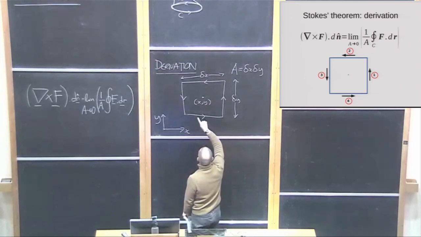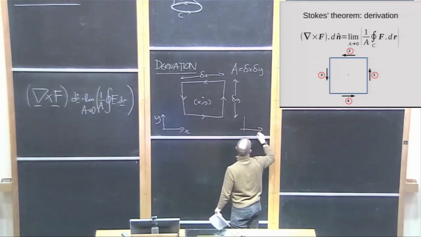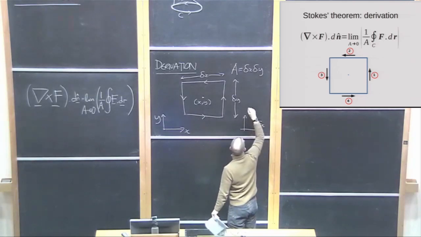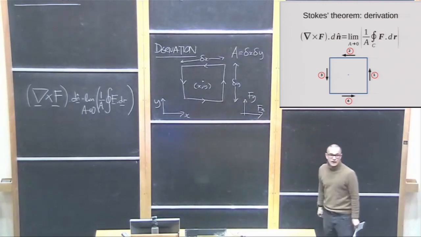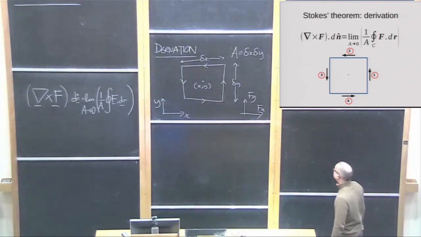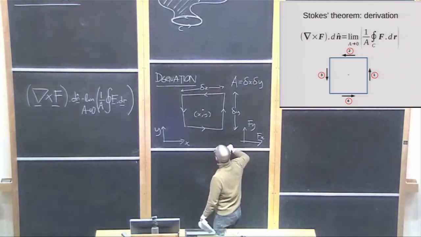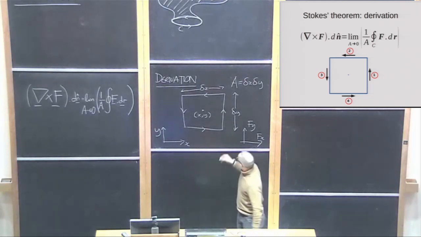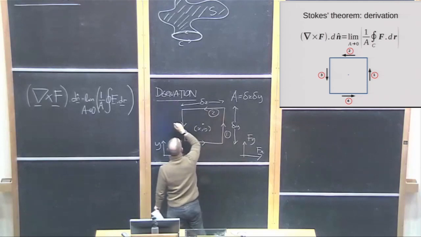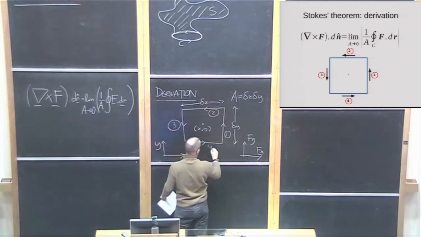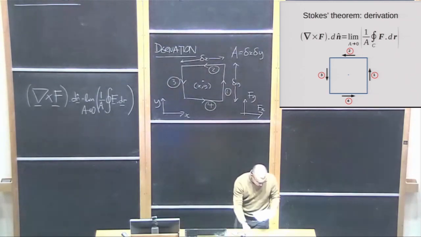So this square is embedded in some vector field, and this vector field has components which operate in the x and y directions. So I'll call those Fx and Fy. Those are the components of the vector field which would be operating in the i and j directions. And I will label these sides 1, 2, 3, 4, and we will sum up the line integral around that square.